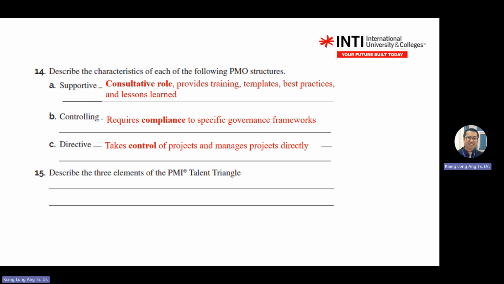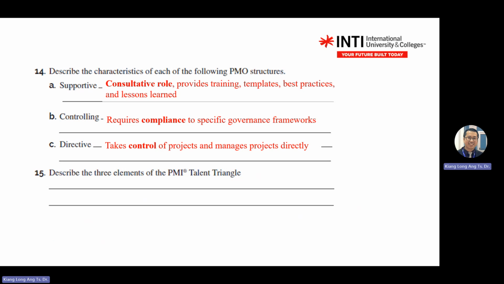Controlling means you comply or compliance to regulation or government framework. This is tied to the rules and law and regulation. Okay. Directive. Just now you saw the word directive. This one is taking control of the projects and managing projects directly. Okay.